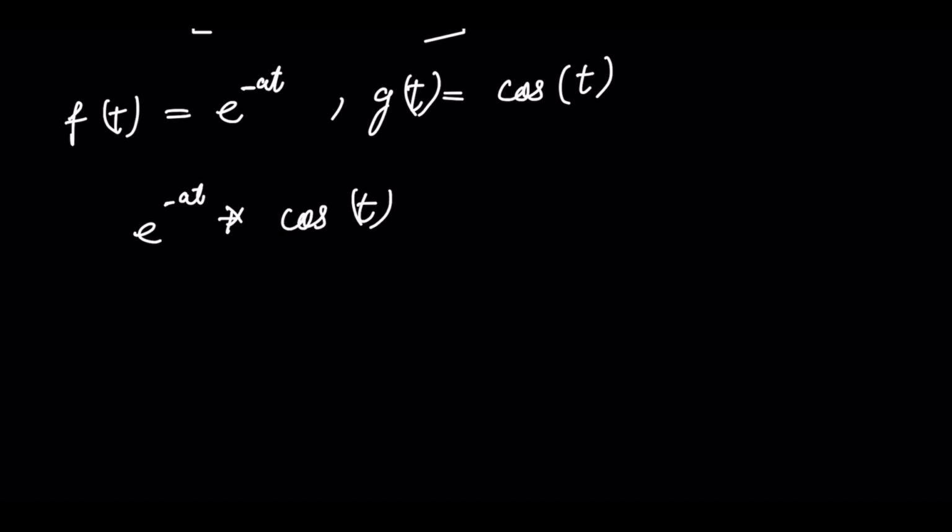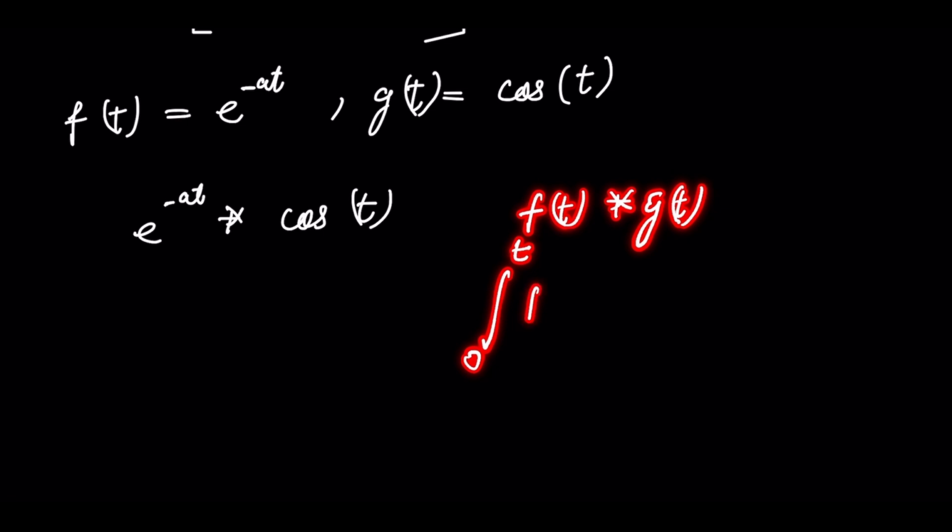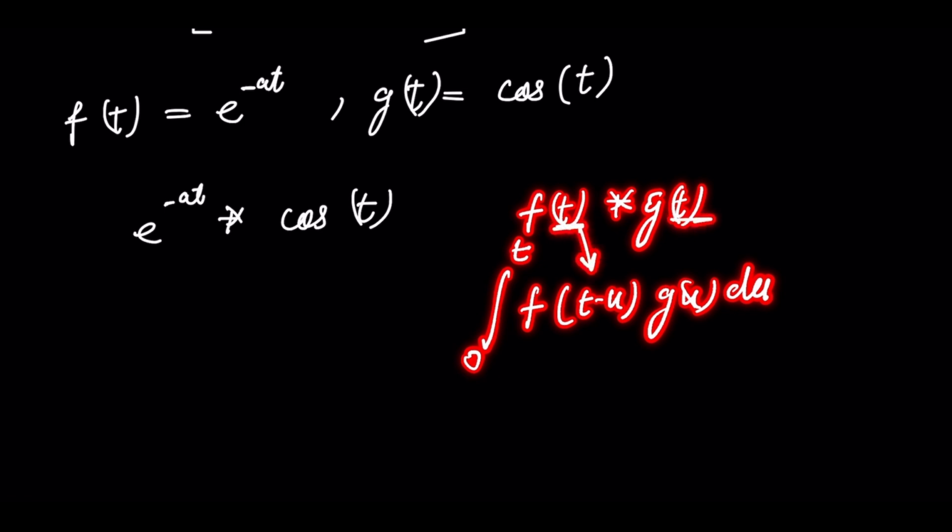Now, as per the convolution theorem, f of t asterisk g of t was written further as the integral from 0 to t, f of t minus u, g of u. So I'll be replacing this t here with t minus u, and this t here with u. So let's rewrite this.